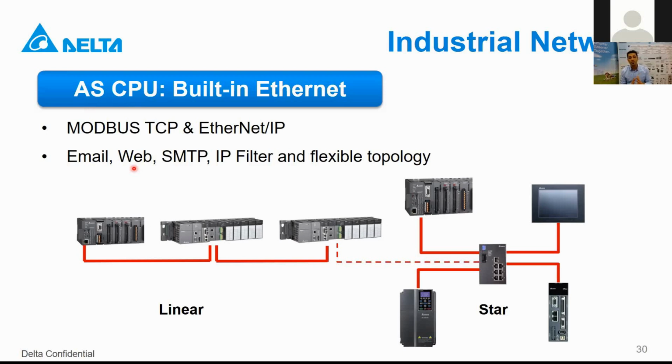For instance, in the factory, if management wants to check some values, they don't need to know how to program or connect to the PLC. They simply open the web browser, type the IP address, and they can see the values that you registered there. It also supports flexible topologies like linear and star topology.